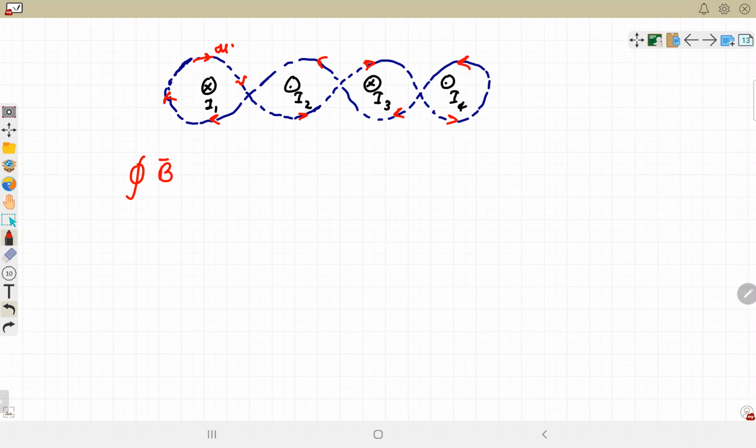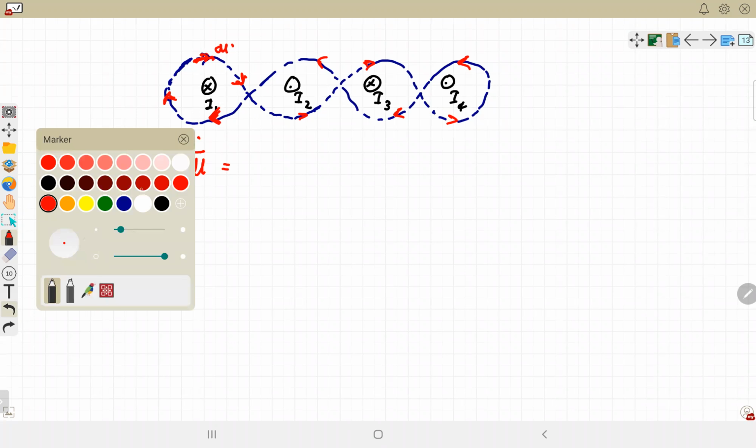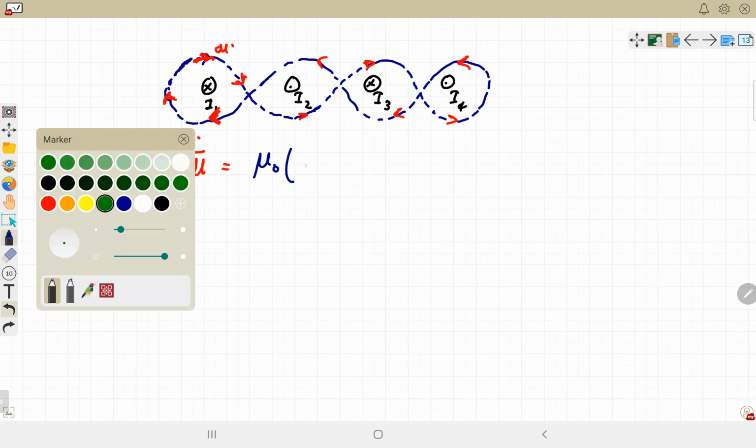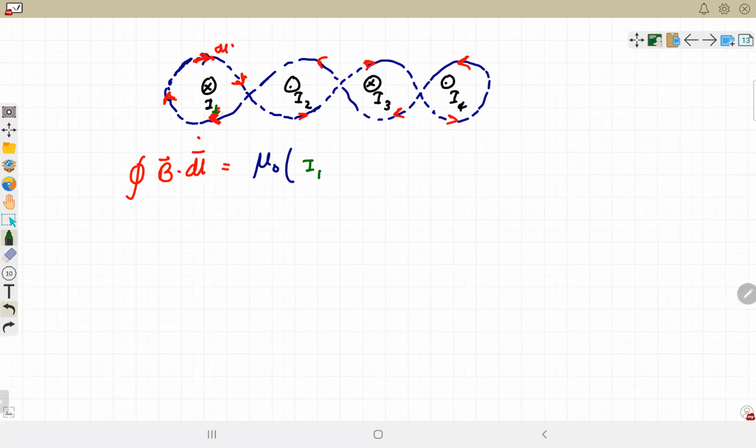If we apply for the first arrow shown here, the arrows from the top and bottom make it clockwise. For a clockwise loop, when current is going into the plane, it is positive. So first I1 is positive.